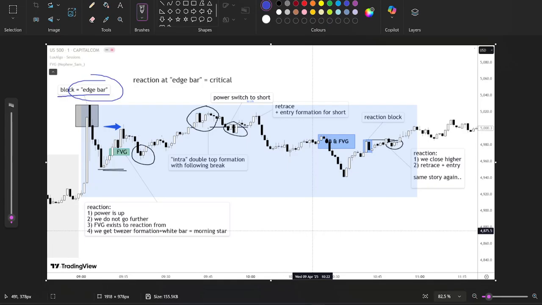So the idea is, there's a lot of information here. The idea is that when we come to the edge at a certain place with price, like we go up at a certain place, maybe here, or maybe if there's spikes, maybe here, there should be a reaction, and that, depending on what we have, has value.